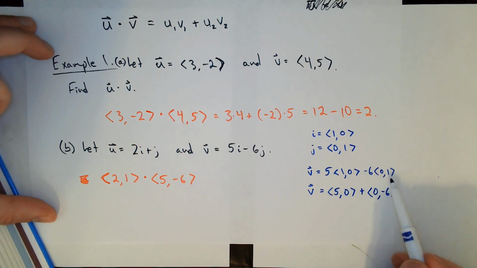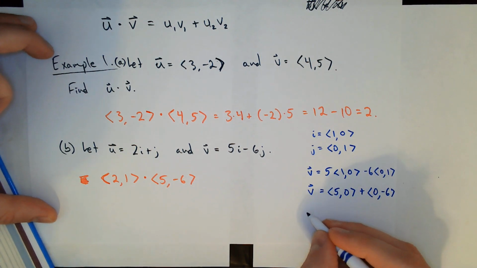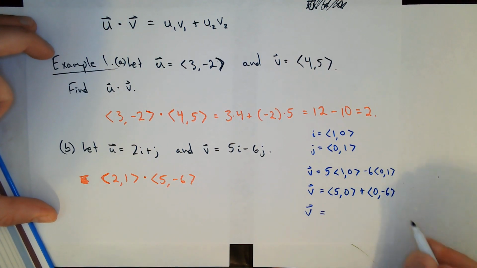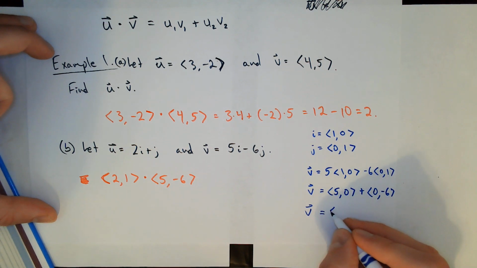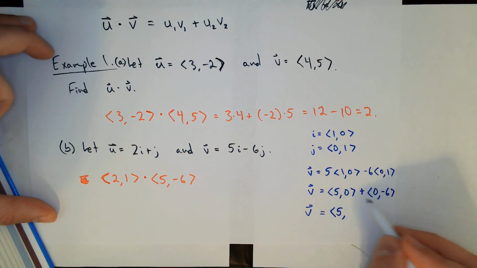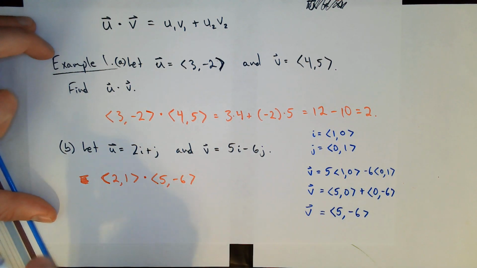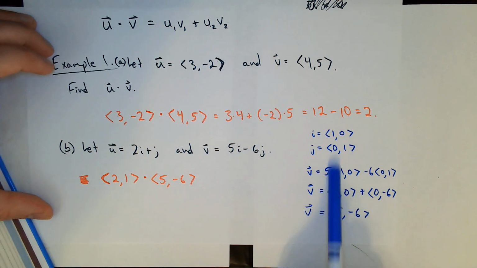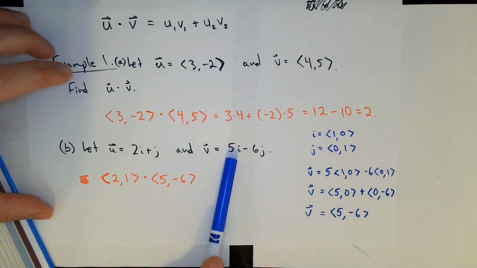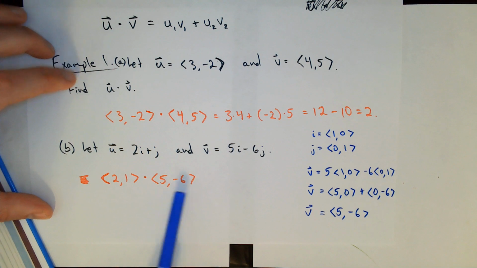Then just add these vectors by component: 5 plus 0 is 5, and 0 plus negative 6 is negative 6. Long story short, you don't need to do all this every time. You understand that the coefficients of i and j are the components.